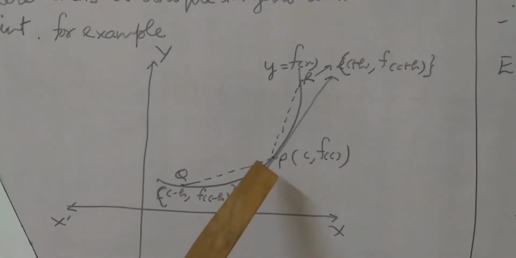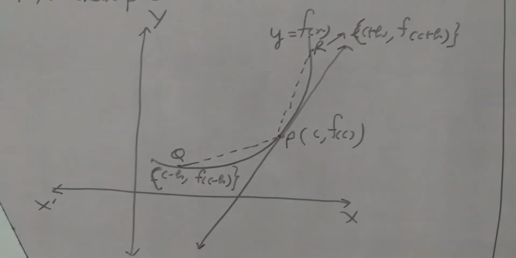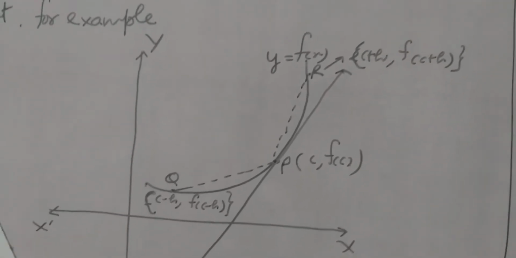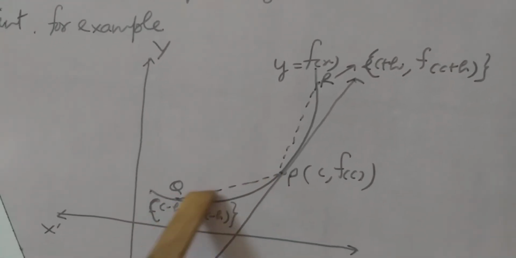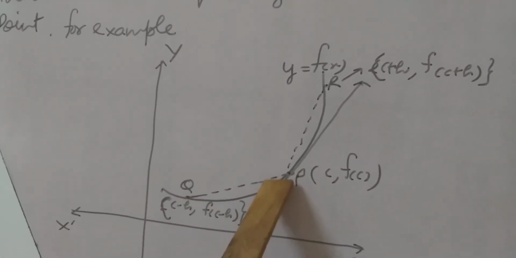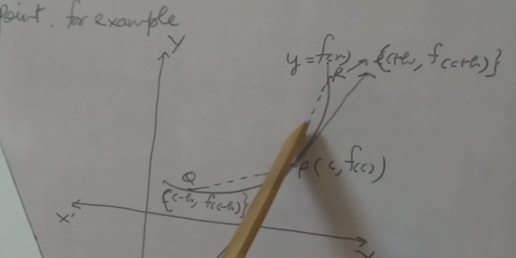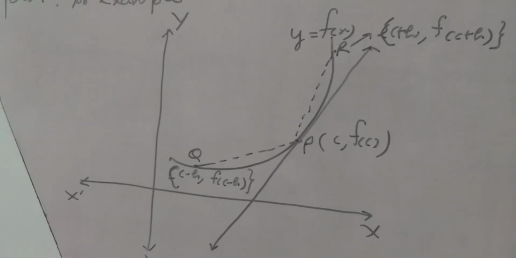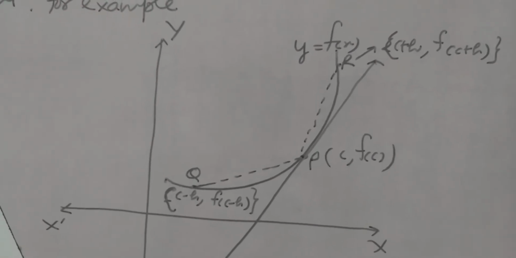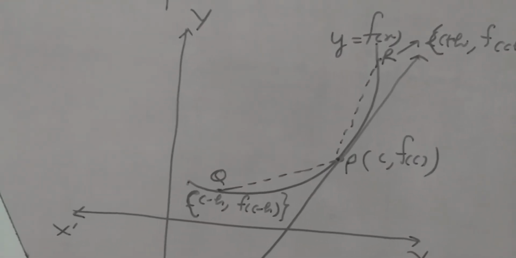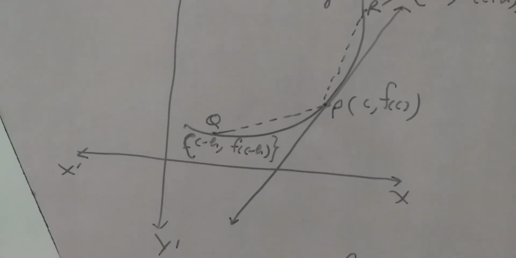So students, at point P there is a unique tangent, and for this the slope of chord PQ should be equal to the slope of chord PR. Then the function is called differentiable at the given point.